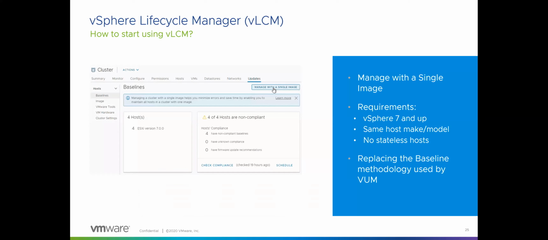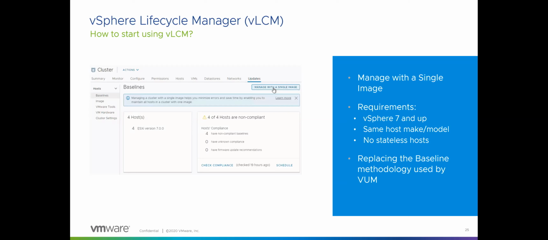You'll also notice that we now have a button that states manage with a single image. This is how you start setting the cluster up for VLCM. Let me emphasize again that you cannot mix and match VLCM with VUM, so you need to choose one for a cluster.